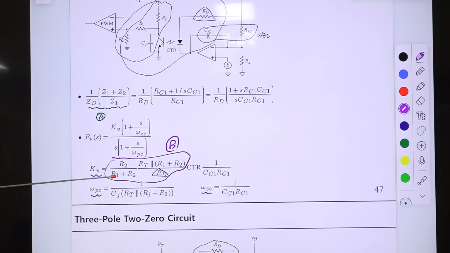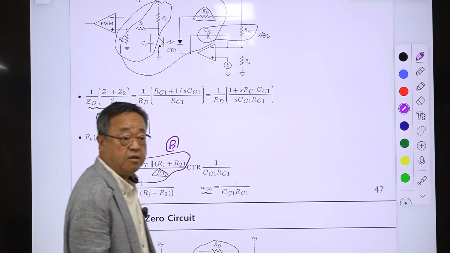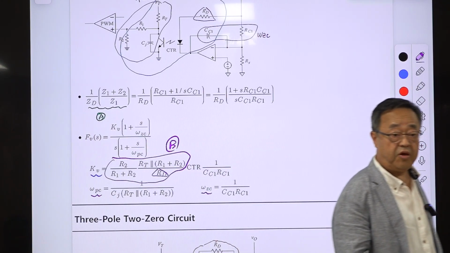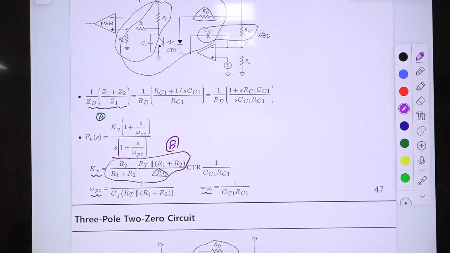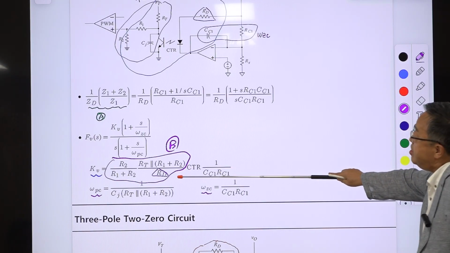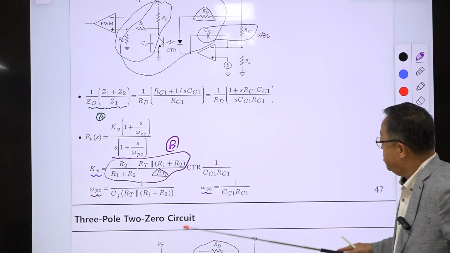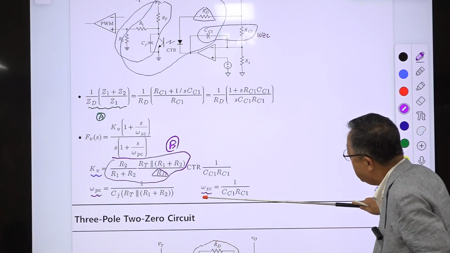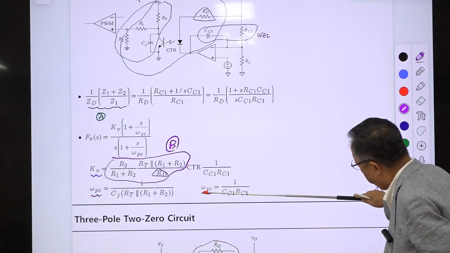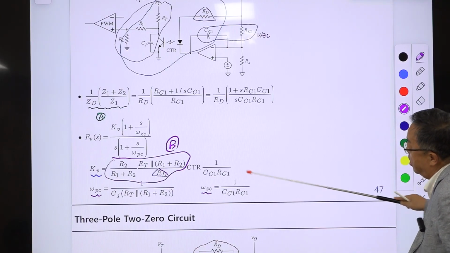So integrated gain determines the loop gain crossover frequency of your converter. Okay. So eventually this one will determine the crossover frequency of converter loop gain, and this is omega GC. Omega GC is fixed, but it comes at lower frequency.